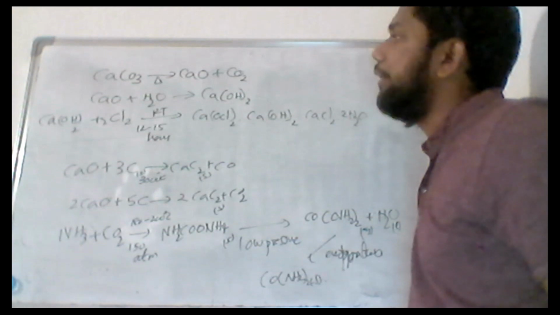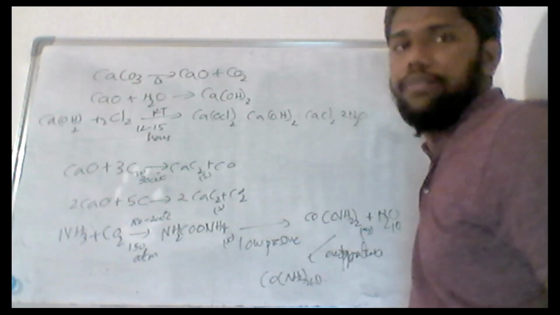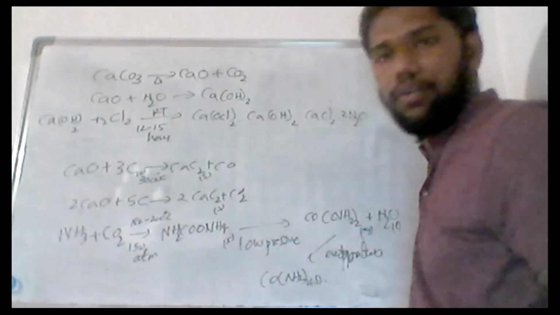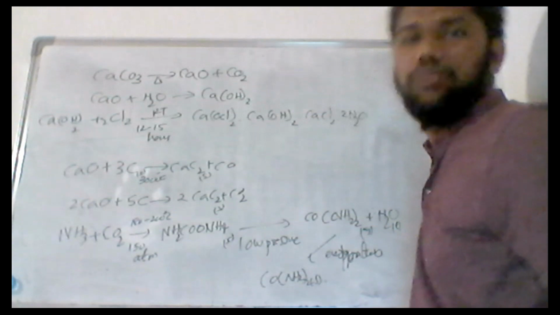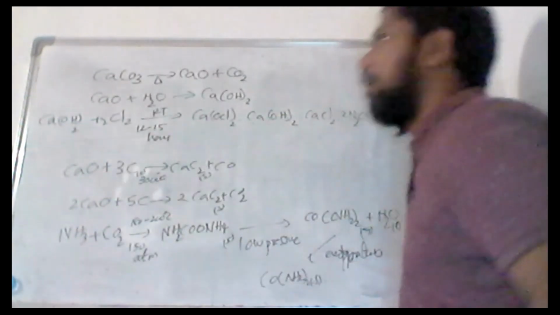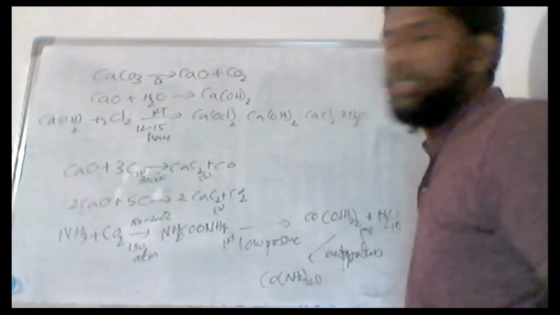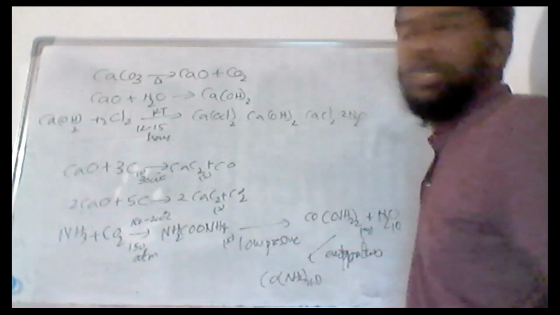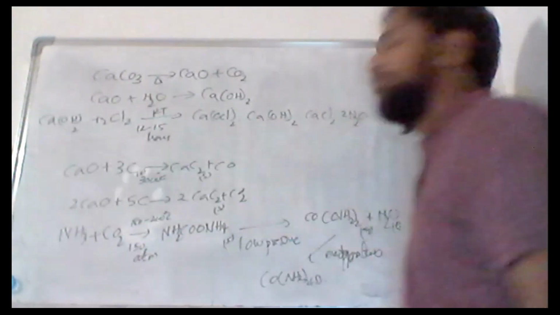And then finally there is the reaction with chlorine, and we have already discussed this formula: calcium hydroxide plus chlorine gives CaOCl2, calcium chloride, and 2 water molecules. So these are the reactions for bleaching powder, and you don't need much higher temperatures. You can go with room temperature. Only here you need higher temperature.